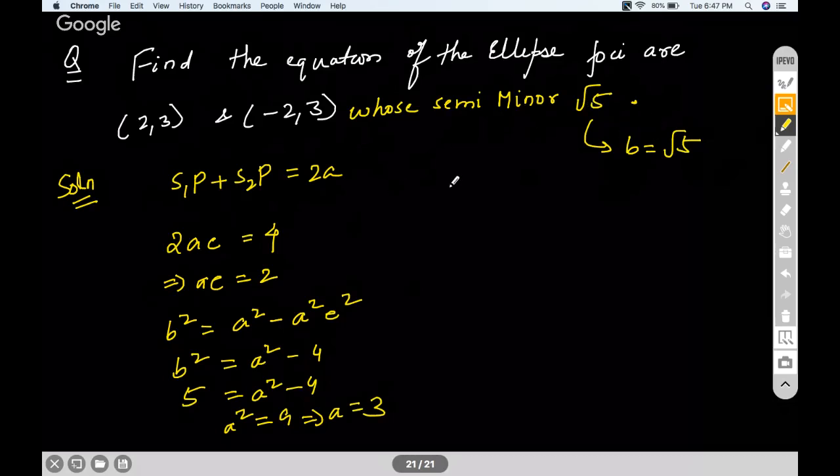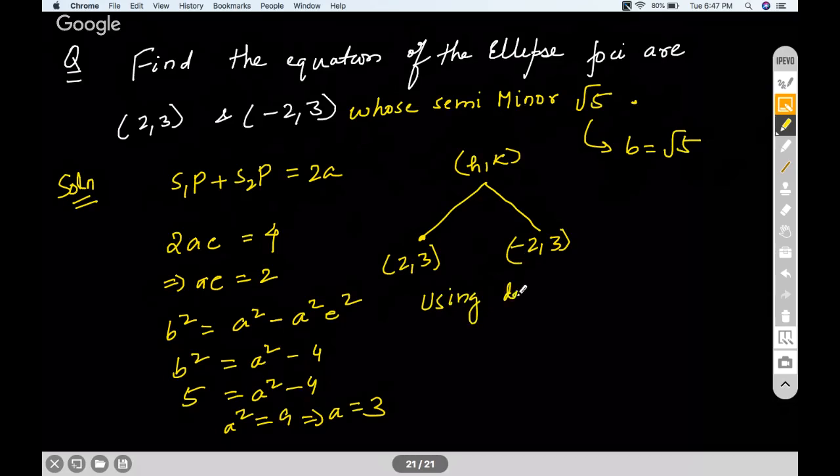Okay. Now I would use the basic locus of an ellipse, that the distance from 2 comma 3 and minus 2 comma 3 is always equal to 2a, which is 6. So using the definition of an ellipse, S1P plus S2P is equal to 2a, which is 6, where this is P, this is S2, this is S1.